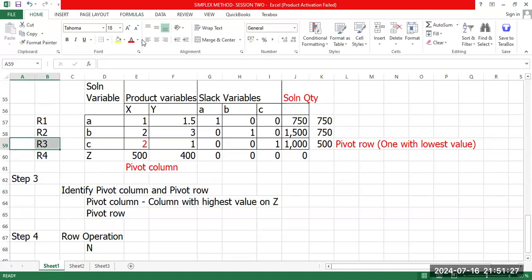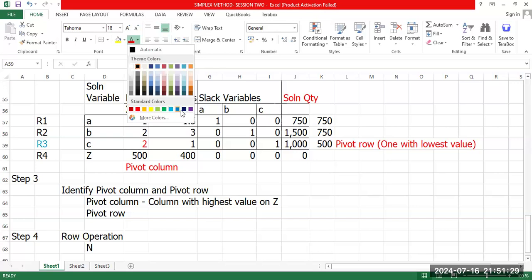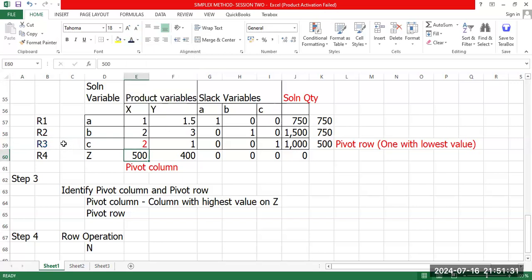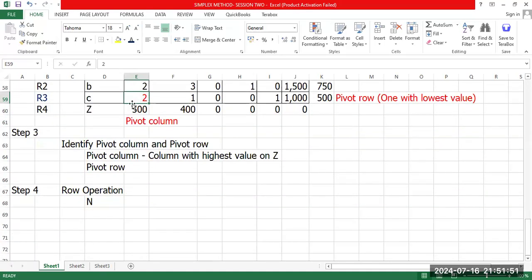It is row 3. Since it is on row 3, you ask yourself, is the meeting point where pivot column meets pivot row 1 or not. If the value is not 1, it means that you will need to come up with a formula that is going to help you to make that value appear as 1.